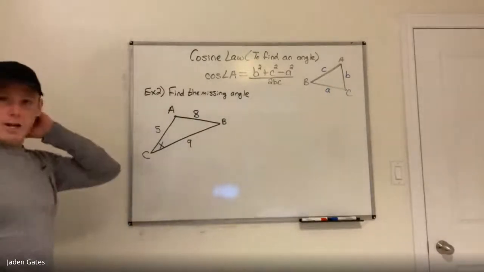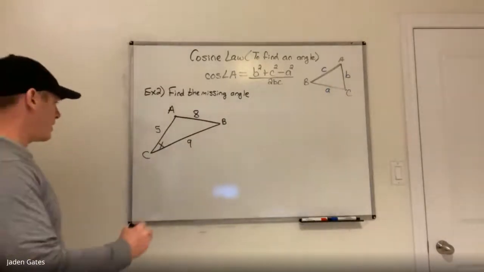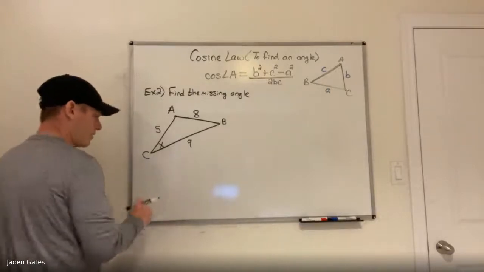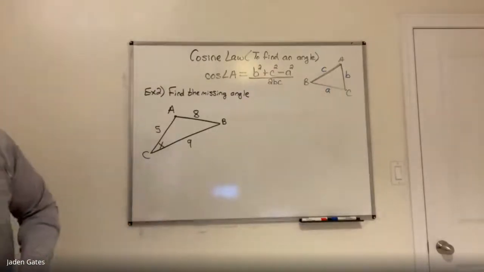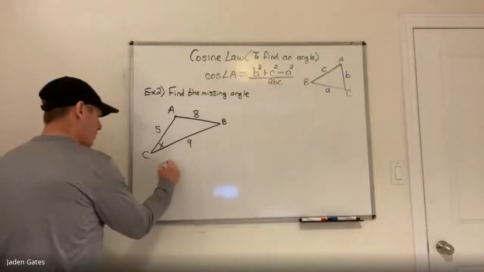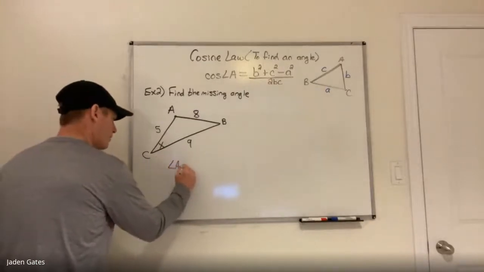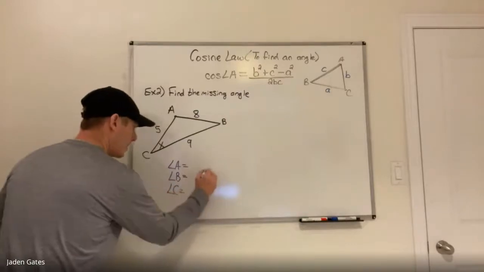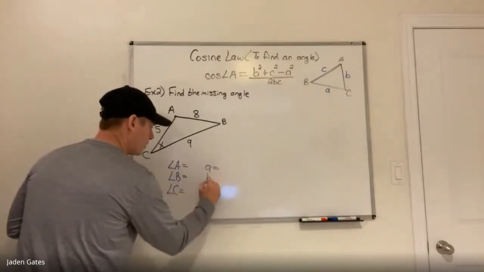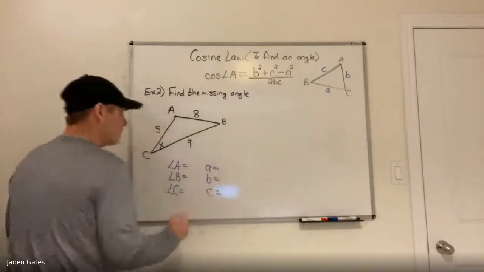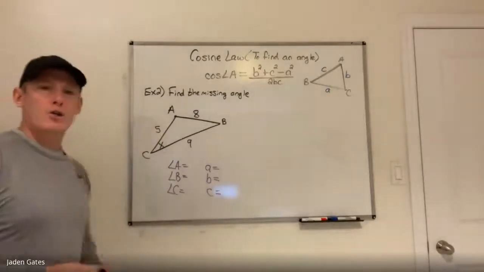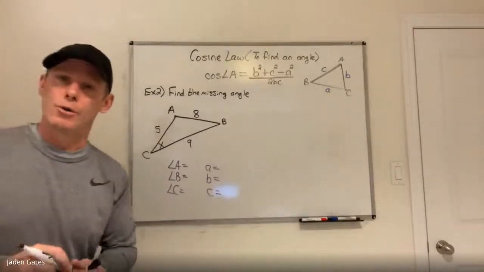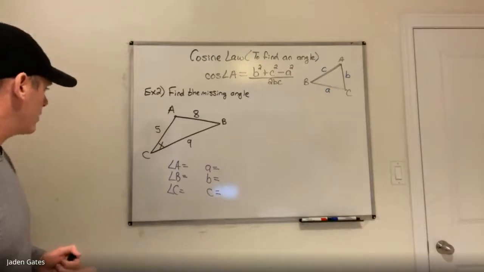So there's our triangle. And again, I like writing down my givens here. Let's try a different color. So I got my 3 angles and 3 sides to my triangle. With this question, we're finding angles. Well, that's all we're doing this lesson is finding angles using the cosine law.